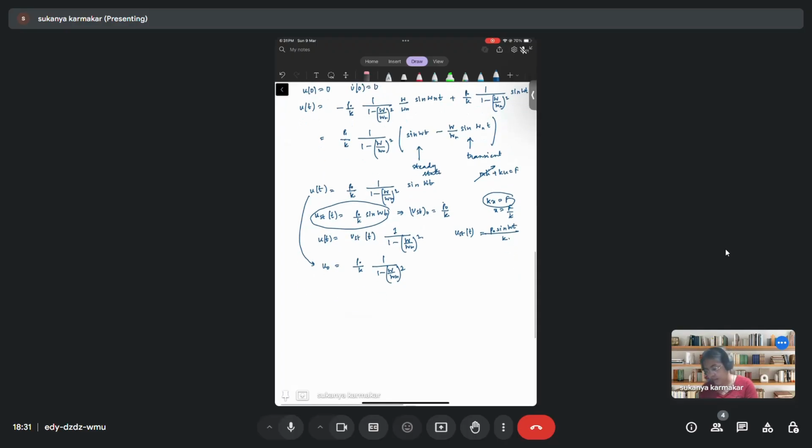And here I am introducing a term Rd, which is the deformation response factor. I define Rd to be equal to u naught divided by ust naught.